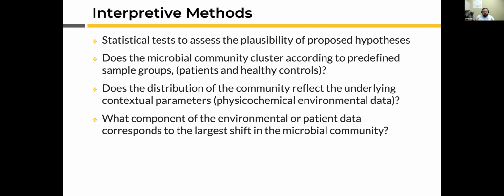Do the microbial communities cluster based on the groupings we've assigned them? Like I said, we've got the different users of e-cigarettes, for example. Is there a relationship between the distribution of the samples within the communities based on some underlying gradient? For example, pH can often be used. In other words, it's sort of like in statistics, utilizing a covariate to see if that can help explain the distribution of the community members.